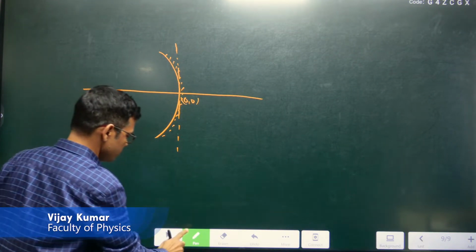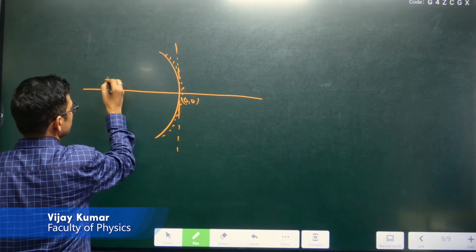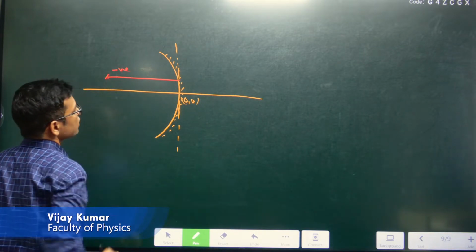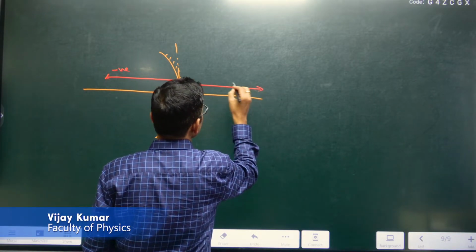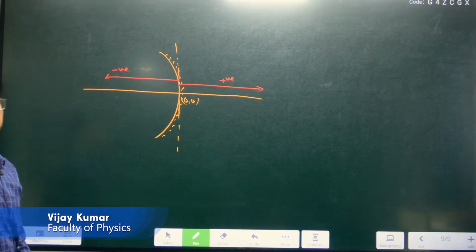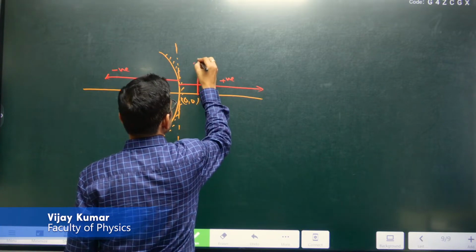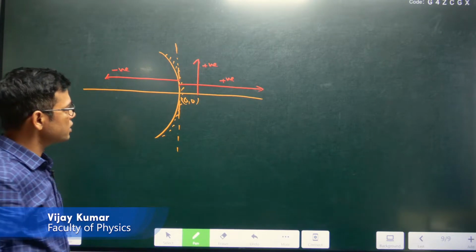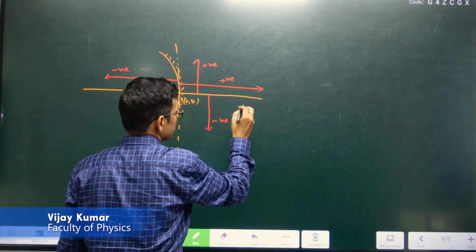So the distance measured along this direction, meaning the left direction, is taken as negative, and the distance measured right of the pole is taken as positive. The distance measured above the principal axis is taken as positive, and the distance measured below the principal axis is taken as negative.